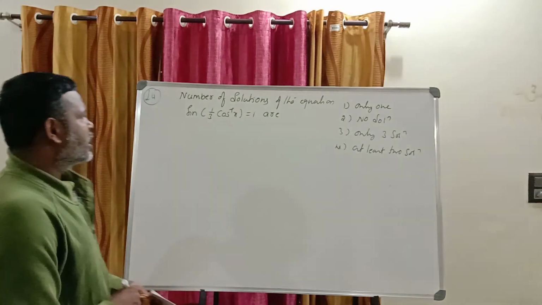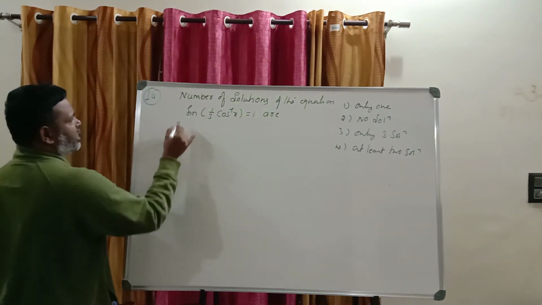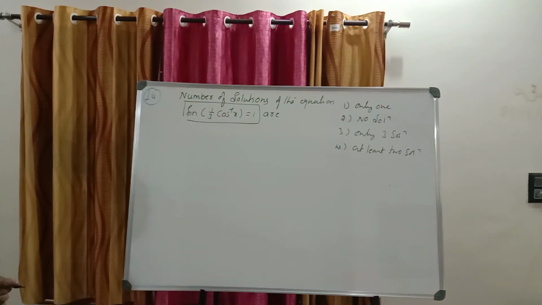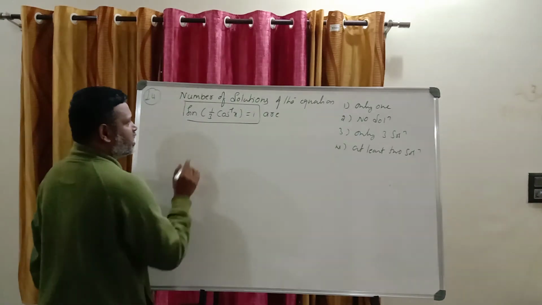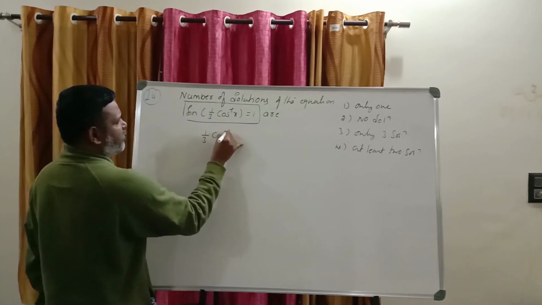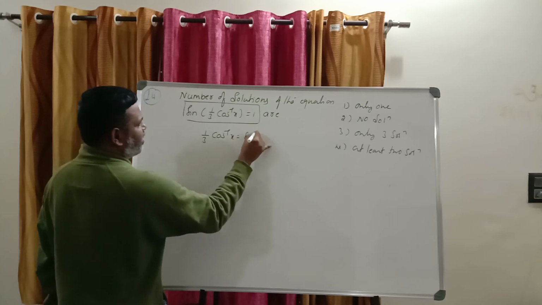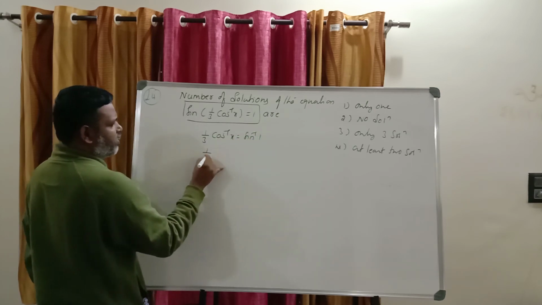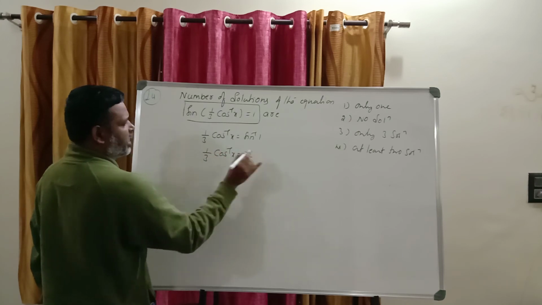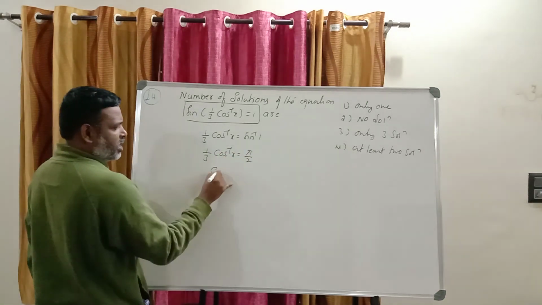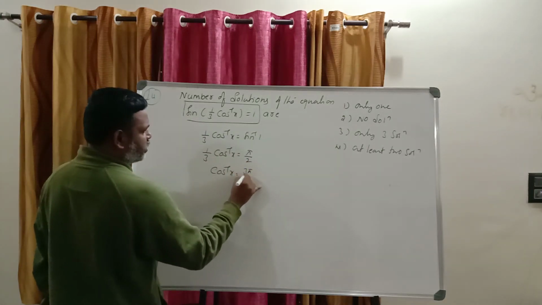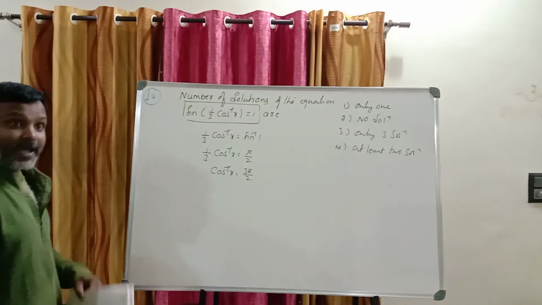Now let's check. They are given this equation: sin of 1/3 cos inverse of x is equal to 1. Now transferring sin, 1/3 cos inverse of x is equal to sin inverse of 1, which is nothing but pi by 2. Therefore cos inverse of x, cross multiplying, becomes 3 pi by 2, which is nothing but 270.